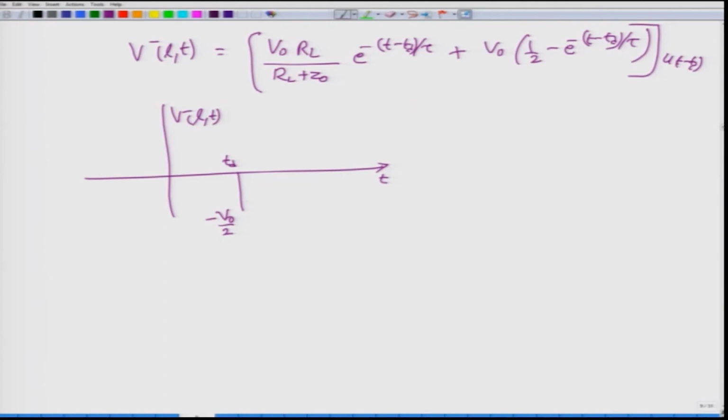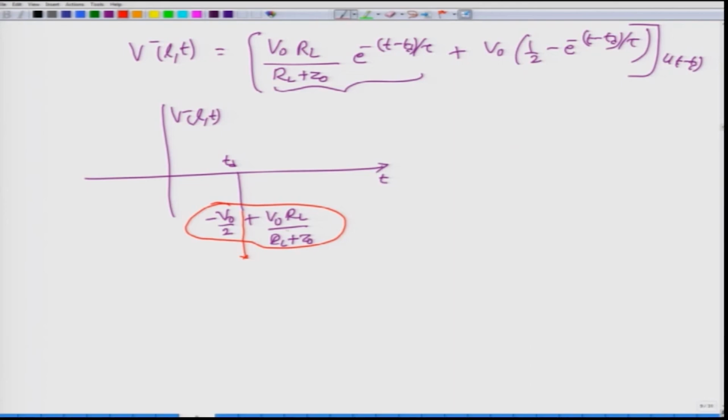But then this voltage would not be completely minus V0 by 2, but it will be added to this V0 RL divided by RL plus Z0. So the complete step of minus V0 by 2 would have been here, but the actual voltage that you see is given by minus V0 by 2 plus V0 RL by RL plus Z0.